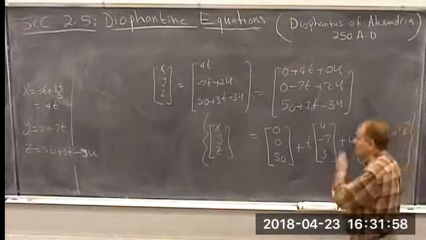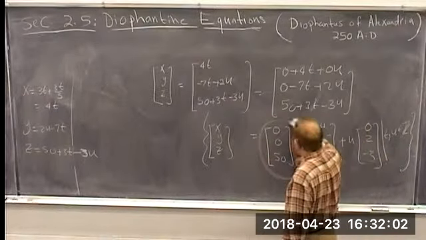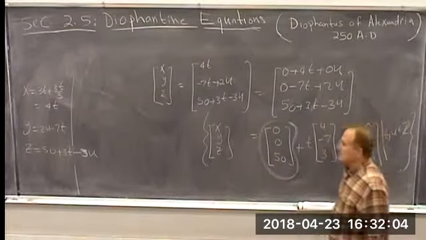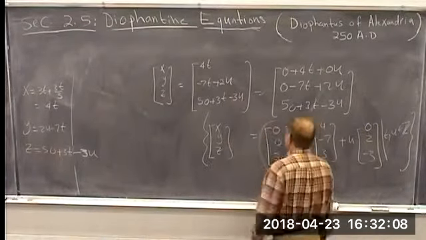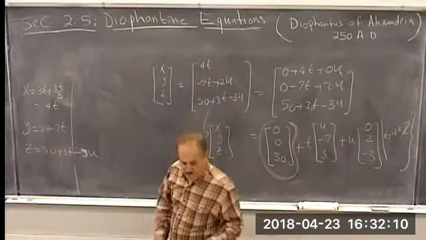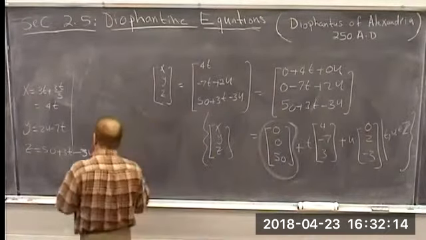And by the way, for you to check this, these actually form a solution for the homogeneous equation associated with this equation. And the homogeneous equation is where we make the right-hand side equal to 0.